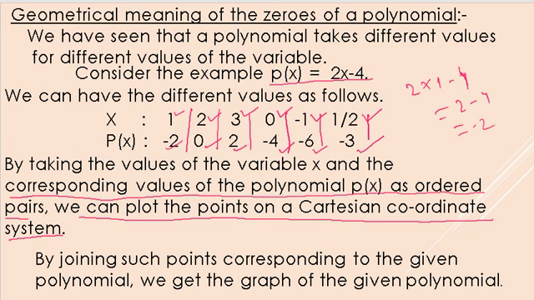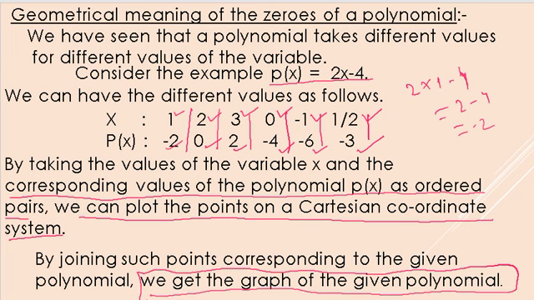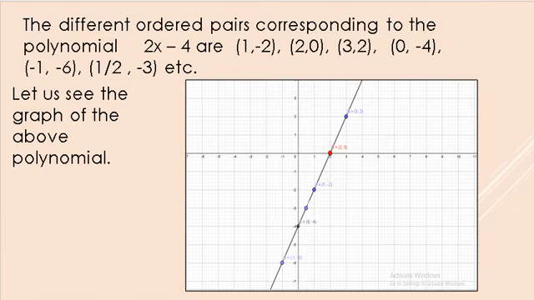By joining such points corresponding to the given polynomial, we get the graph of the given polynomial. You are very familiar with how to plot points on a graph.